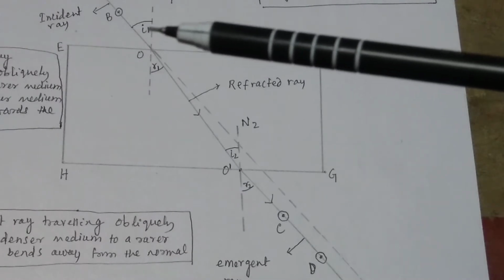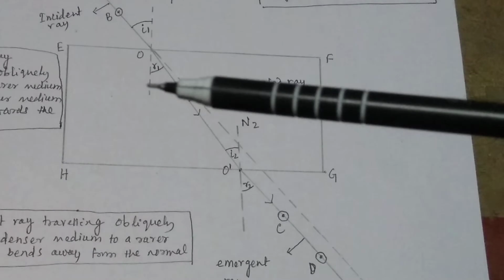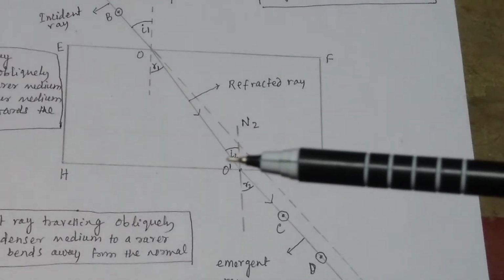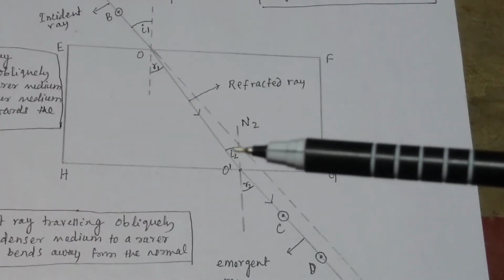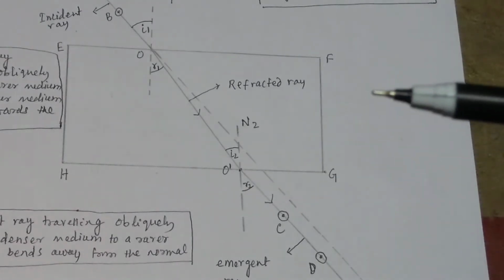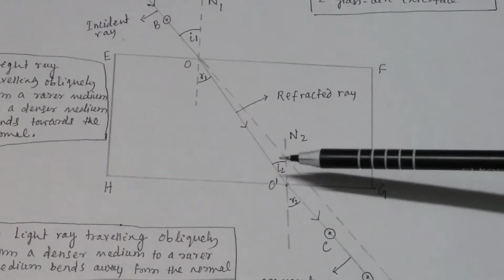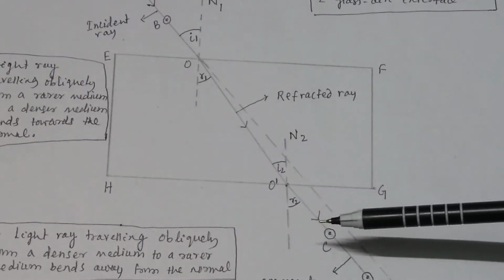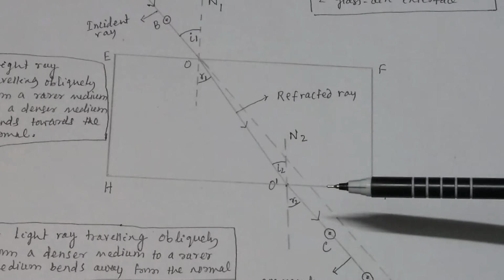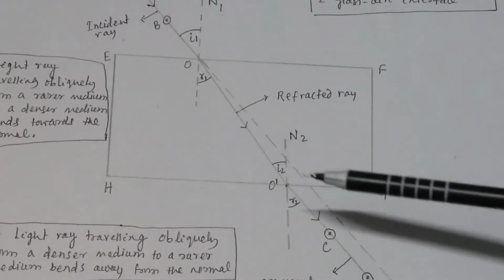This is the angle of incidence I1, and this is the angle of refraction R1 for the refraction at this surface. This is the angle of incidence I2, and this is the angle of refraction R2. This ray is called the refracted ray, and this ray is called the emergent ray, and the dotted line is the original path of light.